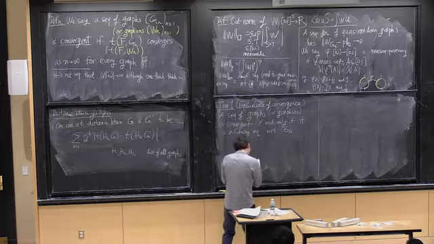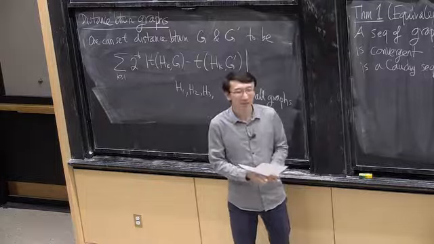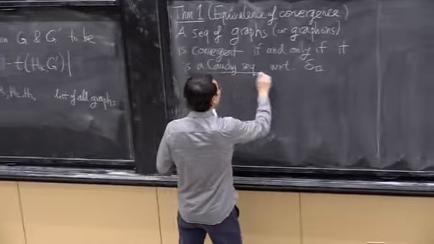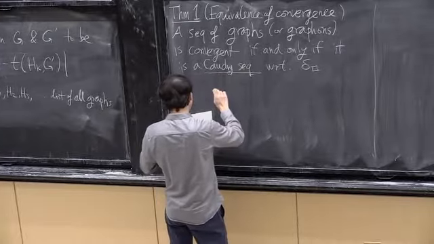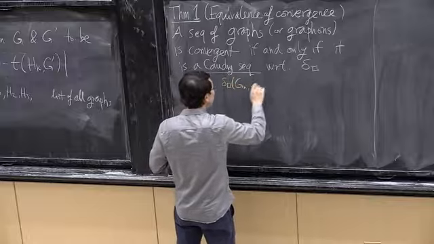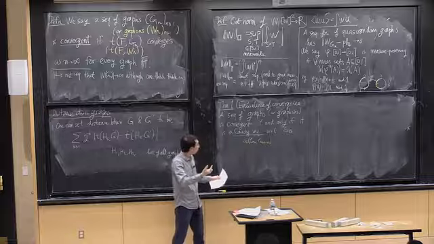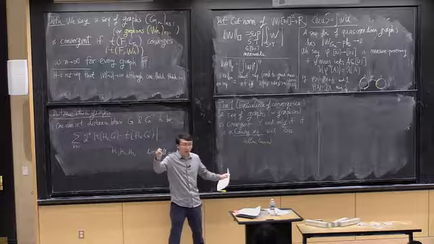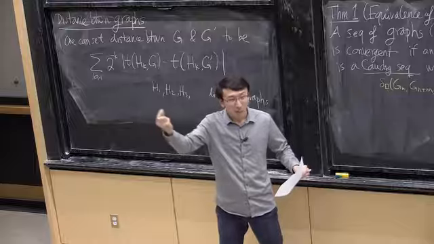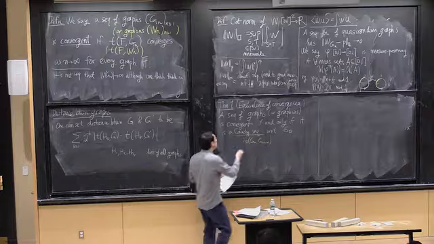Okay, so just maybe for many of you, it's been a while since you took 18.100. So let me remind you, a Cauchy sequence, in this case, means that if I look at the distance between two graphs, if I look far enough out, then I can contain the rest of the sequence in an arbitrarily small ball.